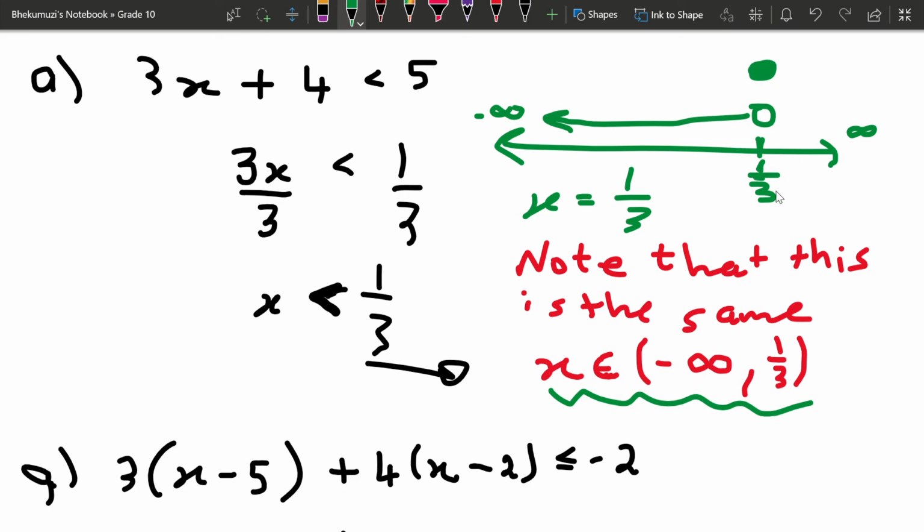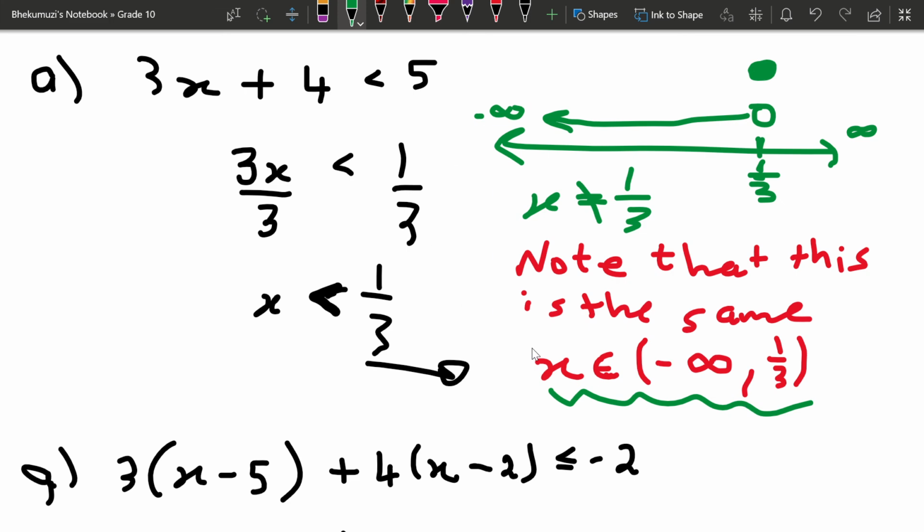So 1 over 3 is not a solution. It is a starting point where we do not include 1 over 3, but anything smaller than 1 over 3 is the solution.